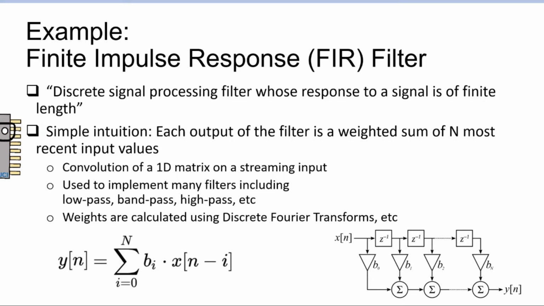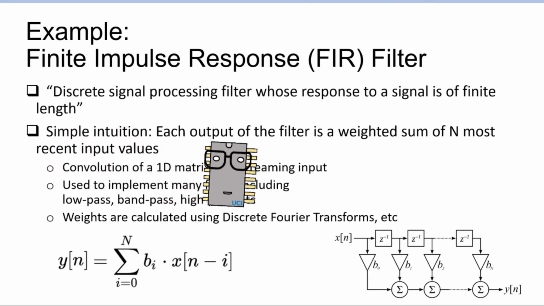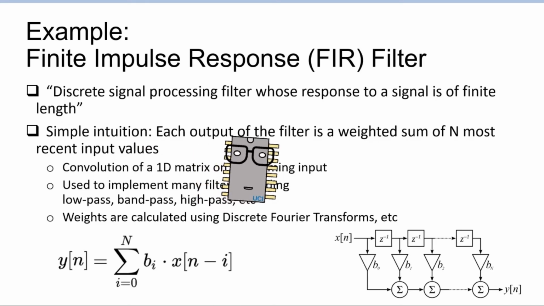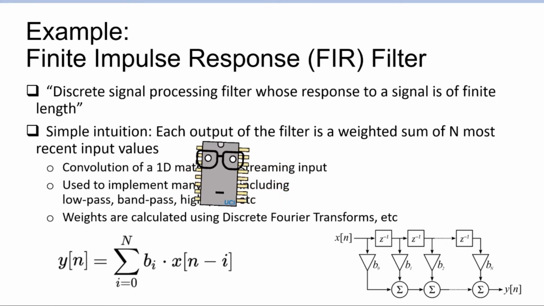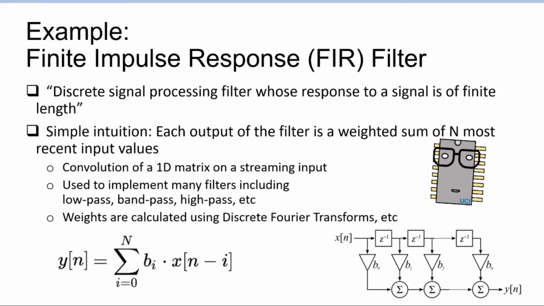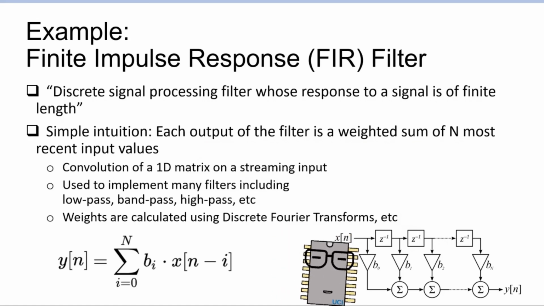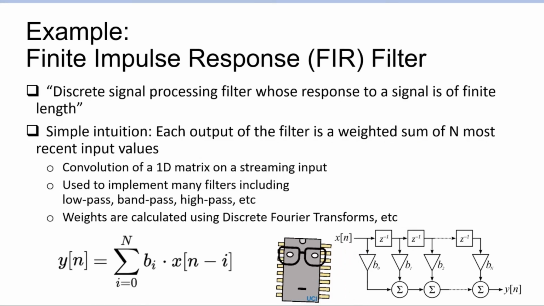And the output of the filter is, again, a stream, one output element after another. It's not being emitted at the same time. So each output of the filter is a weighted sum of the N most recent input values. So let's say X is the stream that's coming in. X0 comes in, X1 comes in, X2 comes in, X3 comes in, and so on.